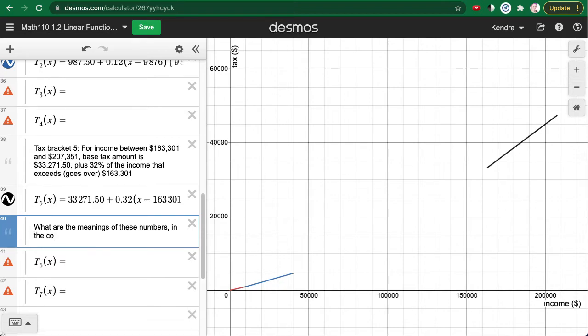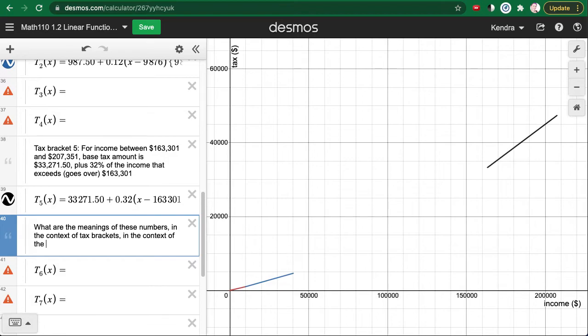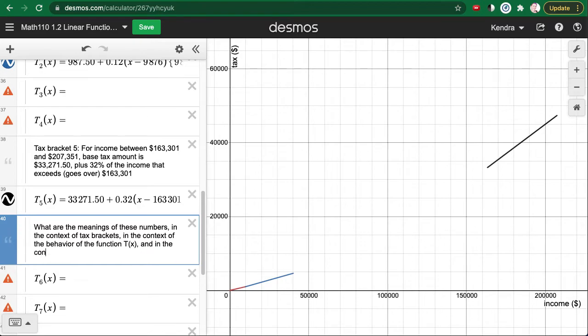In the context of tax brackets, in the context of the behavior of the function, and in the context of the graph.